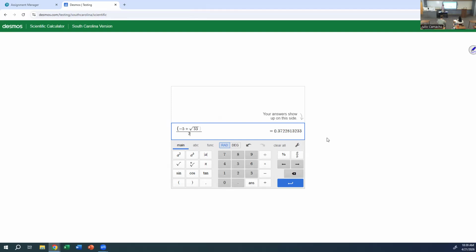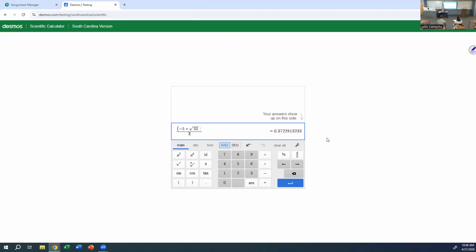And then you put divided by 2. No? Yeah, the fraction. Yeah, there's a problem, because you will need to know, at least, take the square root of 33 first of all.